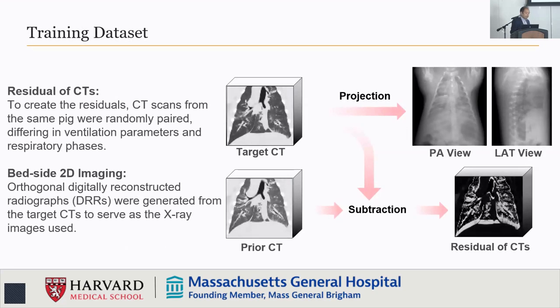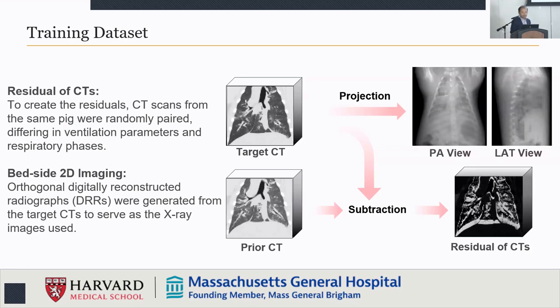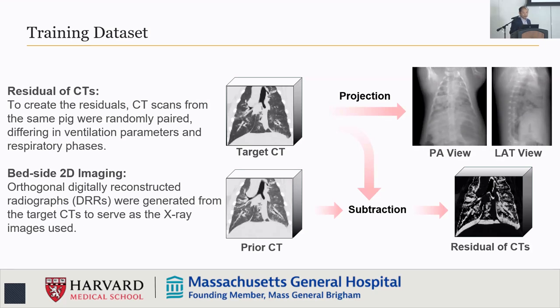The training set is the residual of the CTs. Basically, we have the target CT and the prior CT, and we calculate the residuals. For each condition, we take both views, 0 degree and 90 degree, and we use these two plus the ventilator parameters to do the training and also the testing.